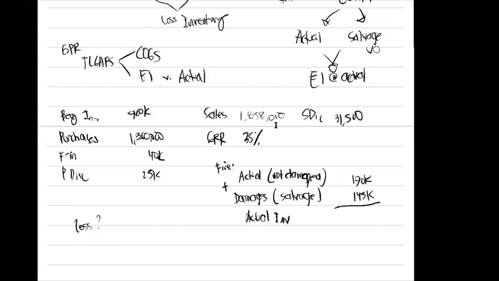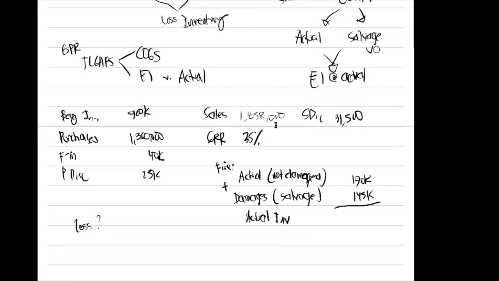It amounts to 315,000. So first, compute for your total cost of goods available for sale. We have 900,000 plus 1,360,000 plus 40,000 freight in less purchase discount of 25,000.